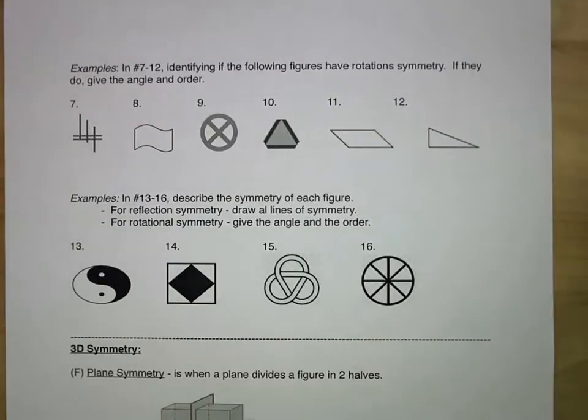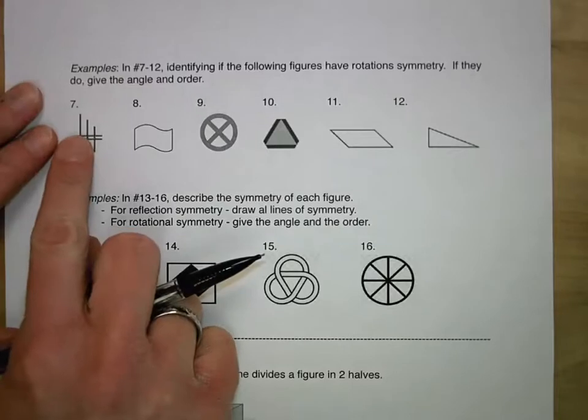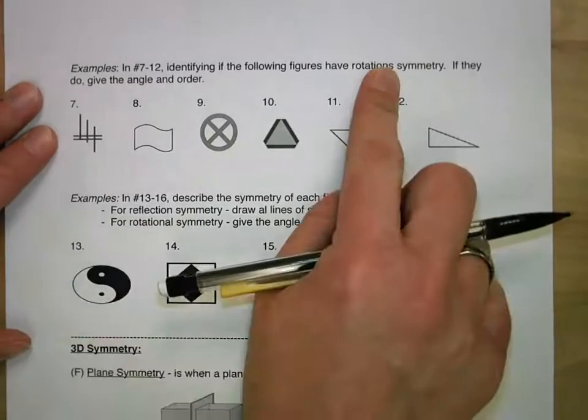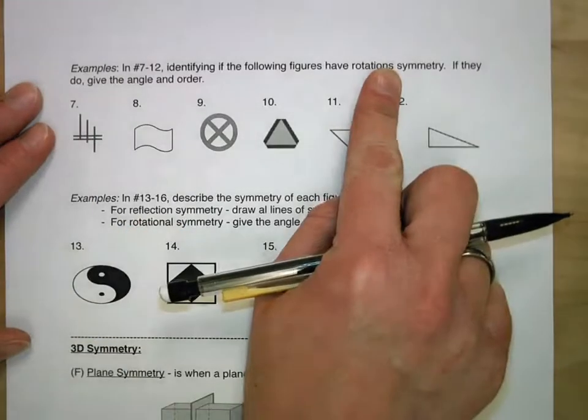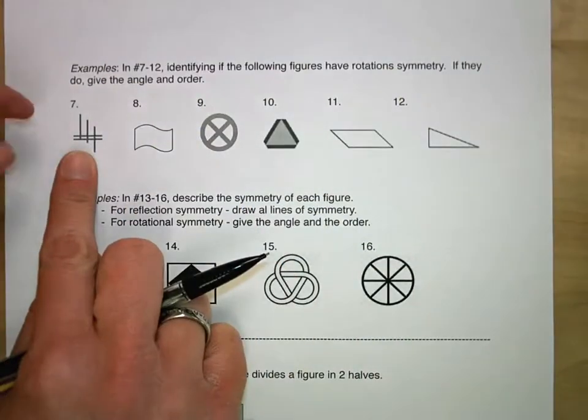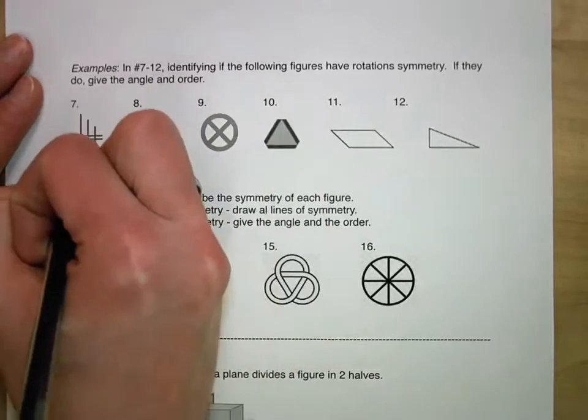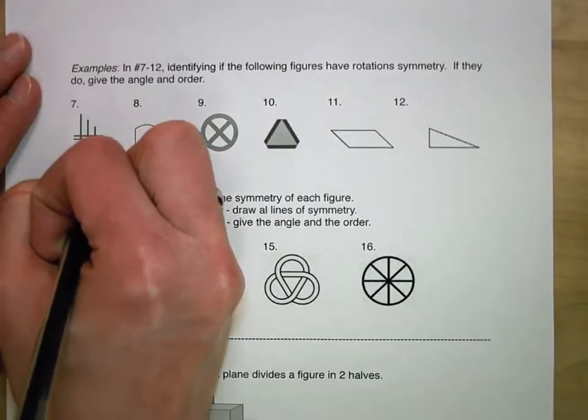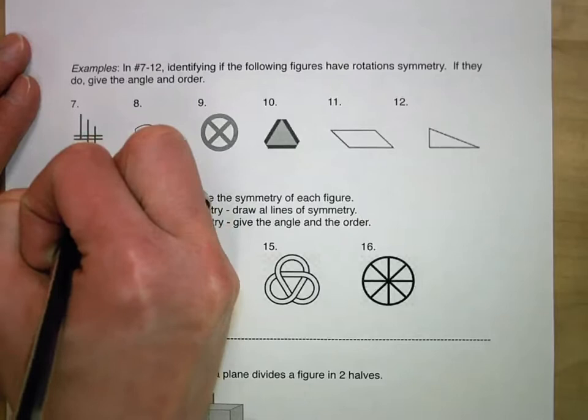Okay, hopefully you went ahead and paused it there. What we're going to do now in numbers 7 through 12 is determine if they have rotational symmetry, and then determine the angle and the order. So if you look at number 7, that isn't going to work. So this does not really have rotational symmetry.